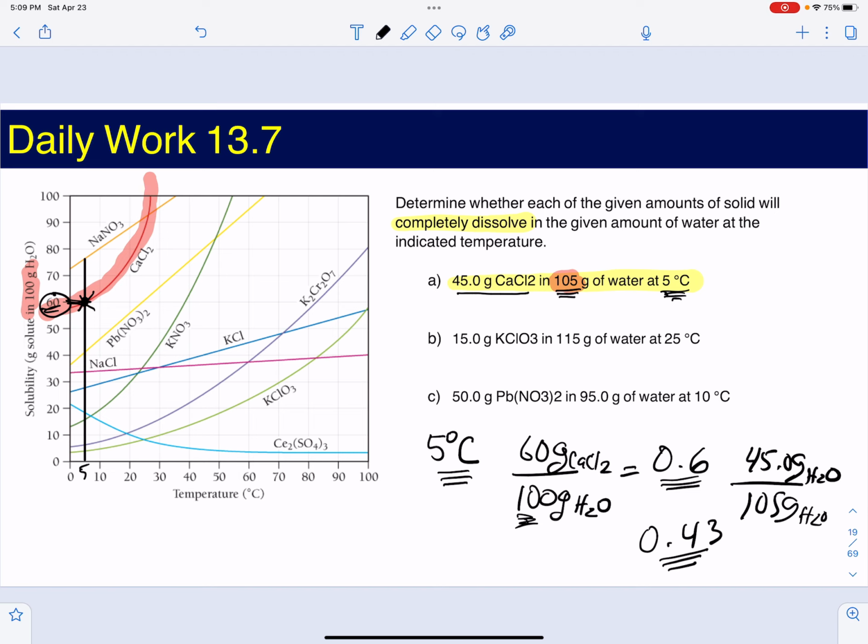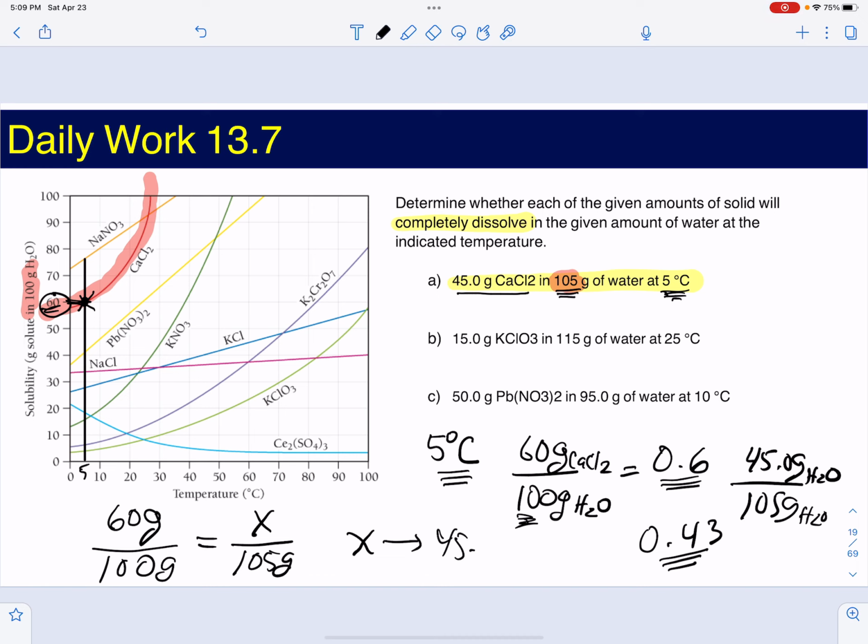Another way to do this is you can say 60 grams for every 100 grams equals X for 105 grams, and then whatever X is, you compare that with 45 grams. So to find X, I'm going to multiply 60 times 105 divided by 100, and that's going to be 63.